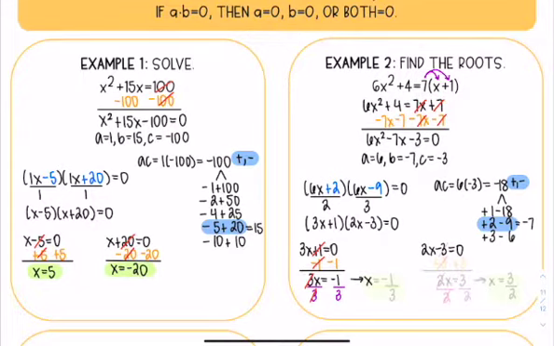And so we get x equals negative 1/3. Now let's solve the other one. First thing we're going to do is add 3 to both sides. We have 2x equals 3, and then we're going to divide both sides by 2.